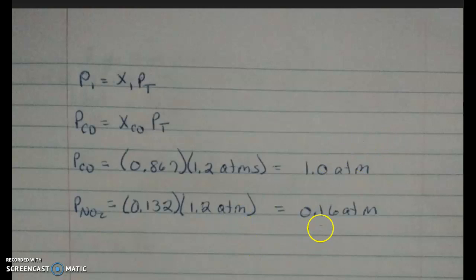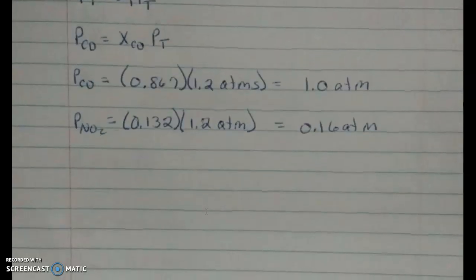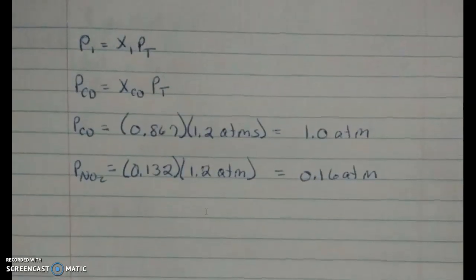If we add these two numbers together, we get 1.16 atmospheres, and when we add, we keep significant figures to the least precise, so this rounds to 1.2, which is exactly our original total pressure. So that completely agrees with Dalton's law of partial pressure. And that is the end of that problem.